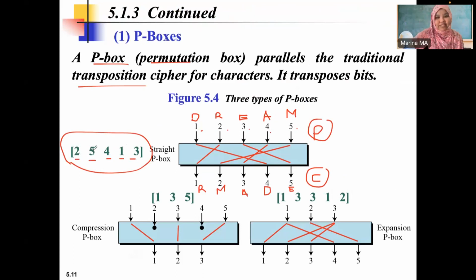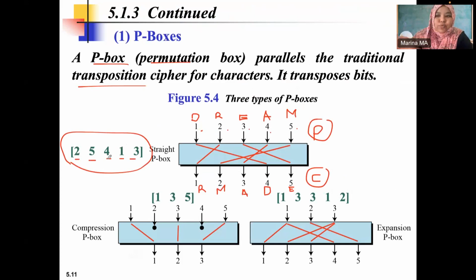The fifth position in the plain text becomes the second position in the ciphertext. One more time: the fourth position in the plain text becomes the third position in the ciphertext.